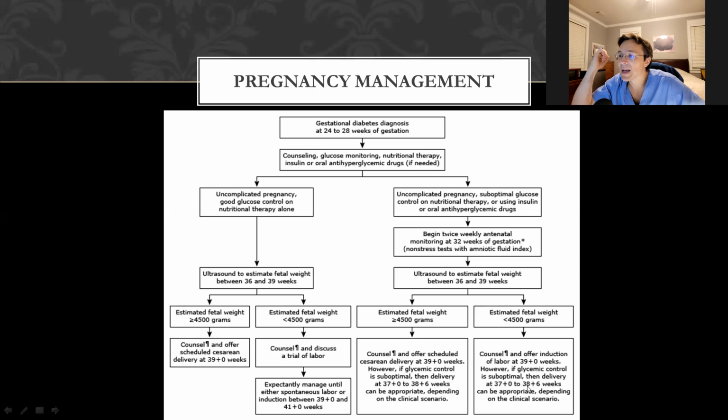However, if glycemic control is suboptimal, then we have to do it at 37 to 38 weeks plus 6 days. All right. So you can just go over this chart and let it sink in, get a better understanding. Okay. I'm not going to chew it in for you.